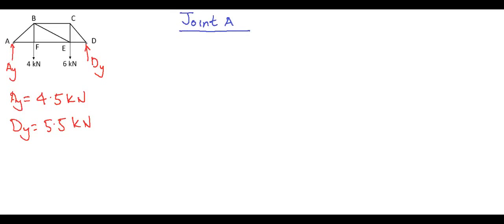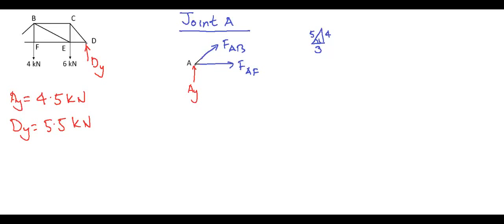So let's start with joint A. First, make a free body diagram of joint A, which means removing the joint from the truss and showing the member forces where the members are. So at member AB, FAB, and at member AF, the member force should be FAF. And we need to find out the slope angle.